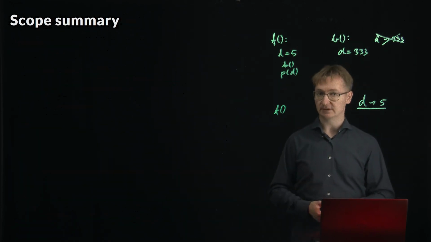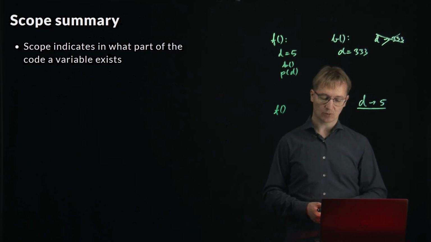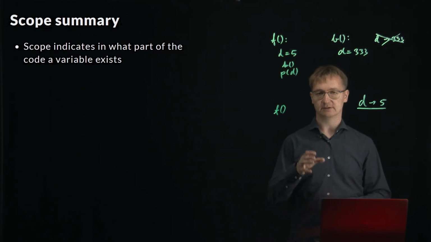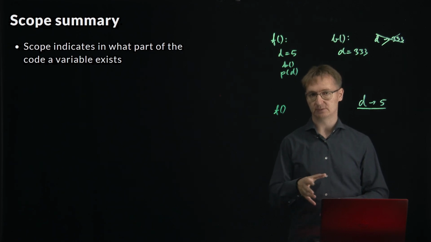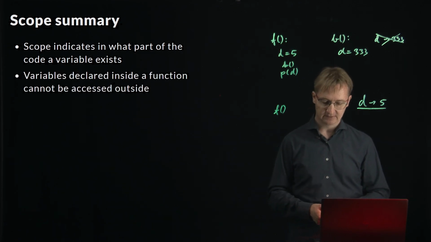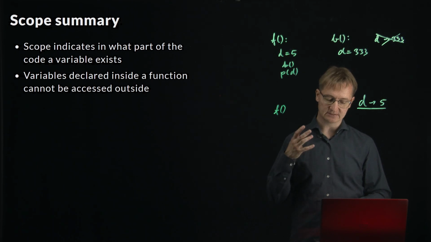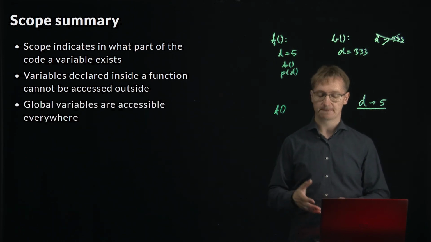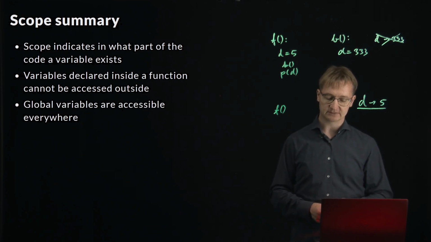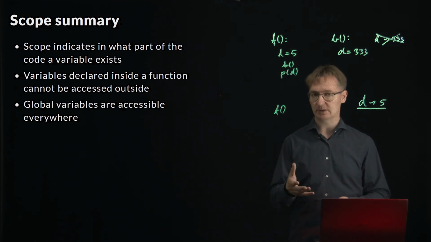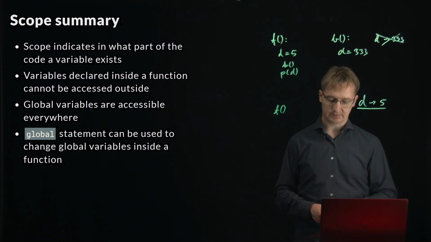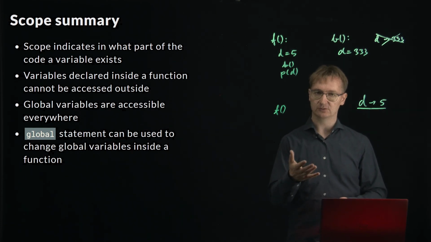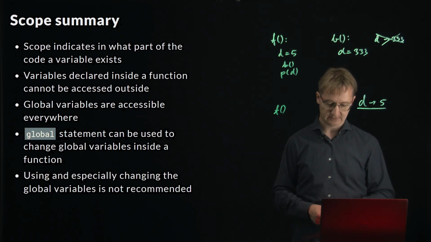So the summary for scope. Scope indicates what part of the code the variable exists or where it can be used. Variables which we declare inside a function cannot be used outside. Global variables are accessible everywhere in the code, but if you want to really change the values, you have to use a global statement.